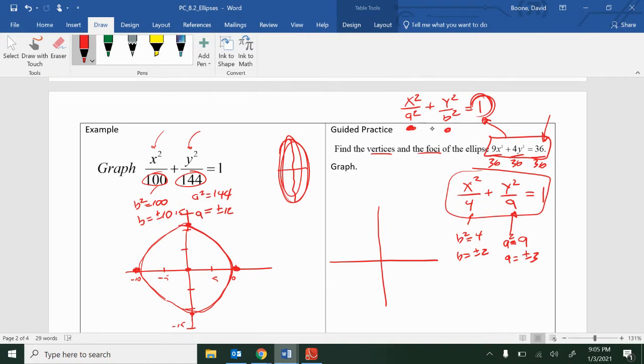And I know then it's stretched more in the y direction. 1, 2, 3. 1, 2, 3. And only 2 in the x direction. So I know it's going up here, down here, here, and in here. So there's roughly my ellipse.